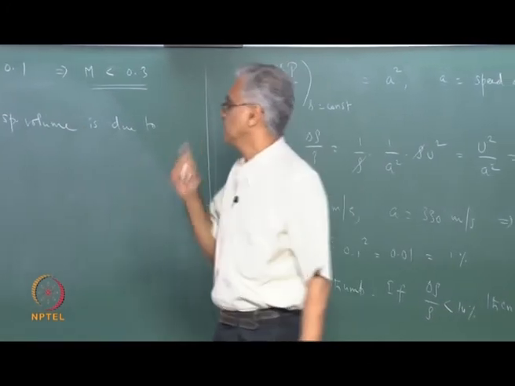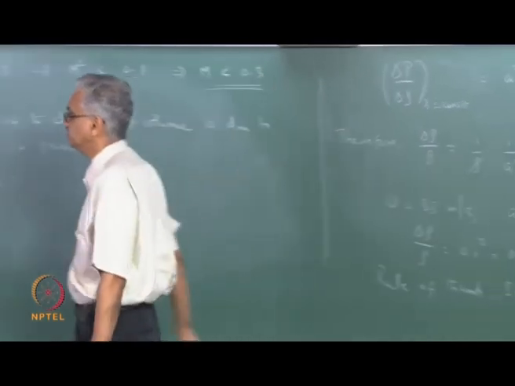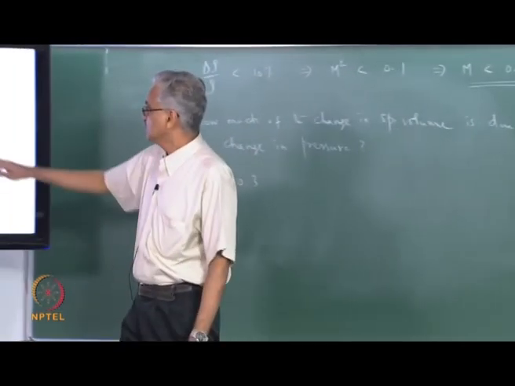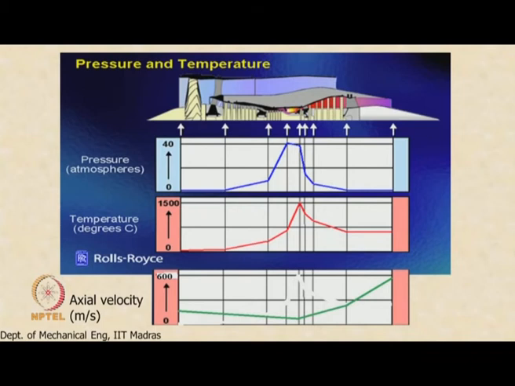Okay. Let us take a look at each one of these components. So here we are sketching the variation of the pressure along the length of the engine. You see that the pressure ratio is about 40 in this case. You can see the pressure increasing slightly in the fan, drastically in the compressor, and then remaining more or less constant in the combustor, falling rapidly in the turbine as the fluid expands and generates the work required for the compressor, and then continuing to drop as it goes through the other turbine and then the nozzle.